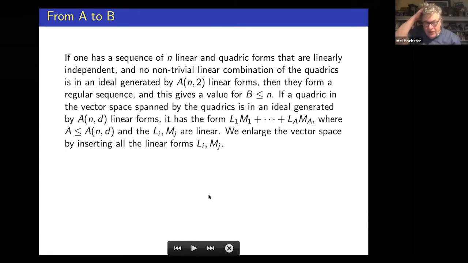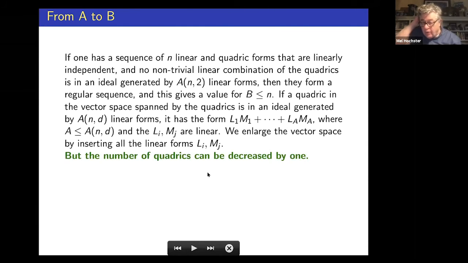And of course, you now have a lot more forms, because A might be pretty big, but the number of quadrics went down one. So you gained something with the degrees. The number of linear forms increased by a controlled amount, but the number of quadrics, the worst degree that you're worried about, went down one.